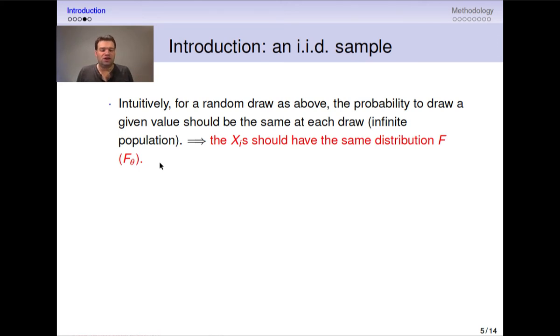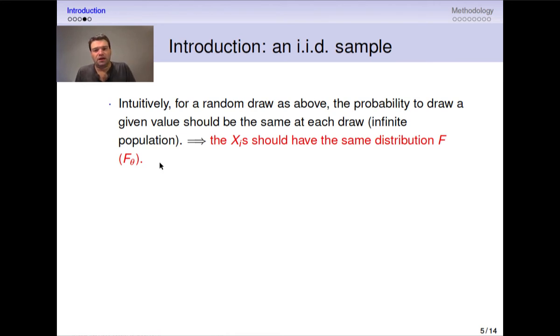It doesn't change if you construct a sample in the case of a finite population. It doesn't change if you pick up at random an individual in the population, but with replacement.